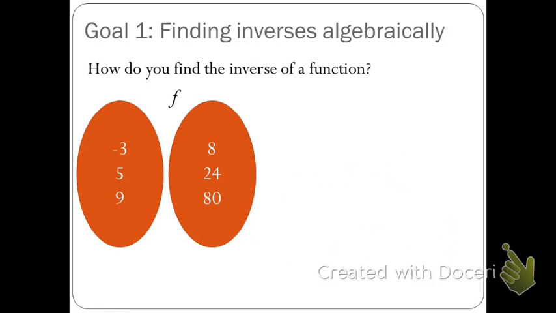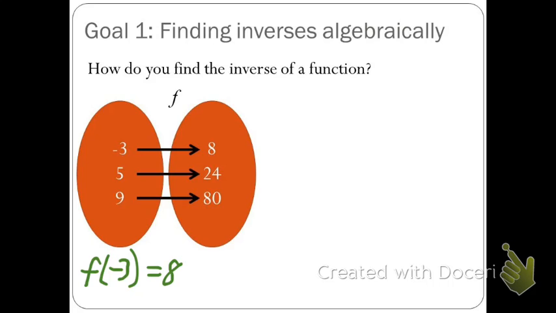I want to show you an example of a function here that maps some numbers to certain other values. We're going to say that there's a function f that maps -3 to 8, 5 to 24, and 9 to 80. So for instance, that means f of -3 is equal to 8. That's what I'm trying to get across to you.